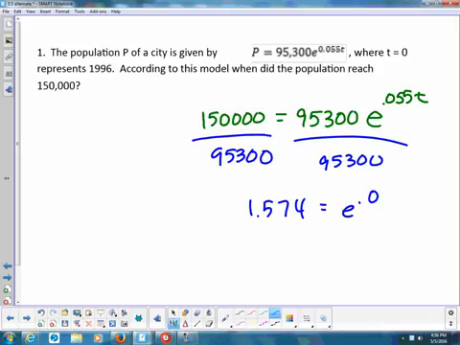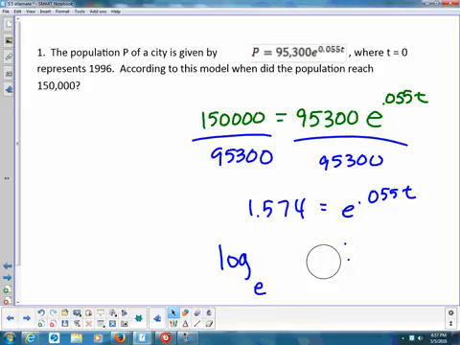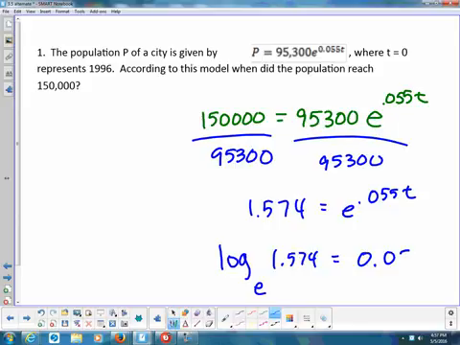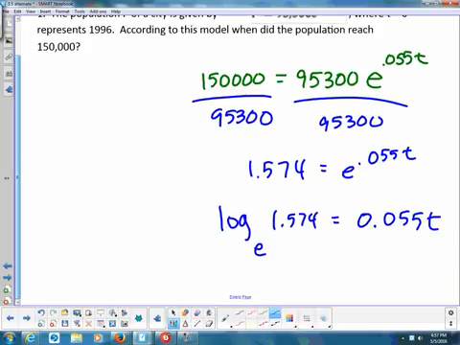So 1.574 equals e to the 0.055 times t, and then we're going to have to rewrite this in log form. Log to the base e of 1.574 equals 0.055 t. At this point, we just divide both sides by 0.055.